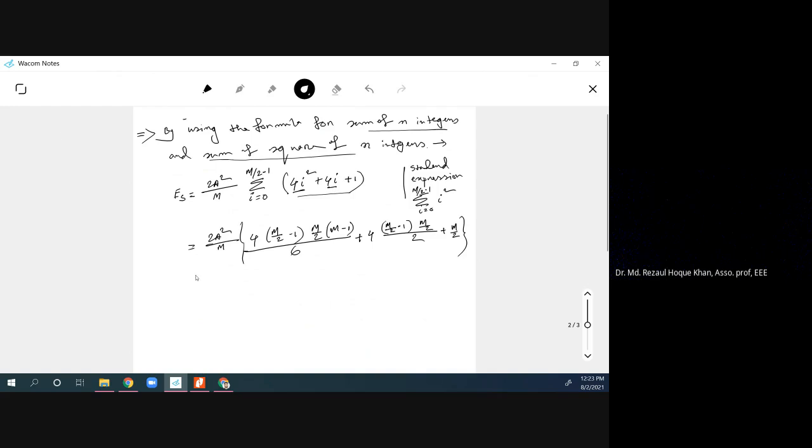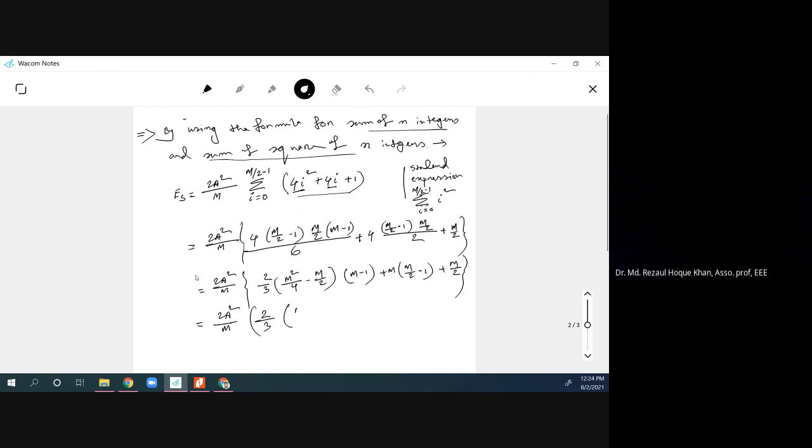So simple formulation, simple mathematics, just trying to find the solution. 2/3 can be common.